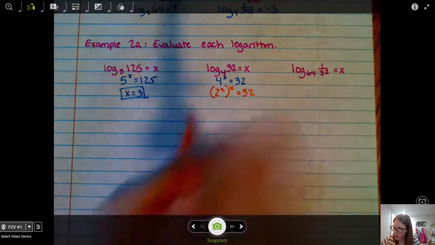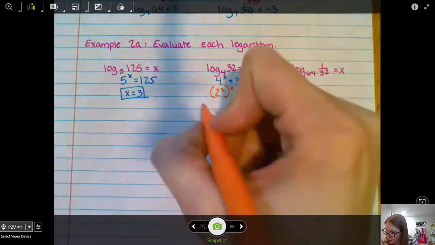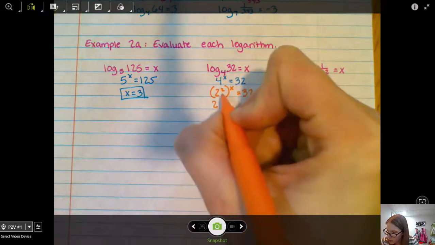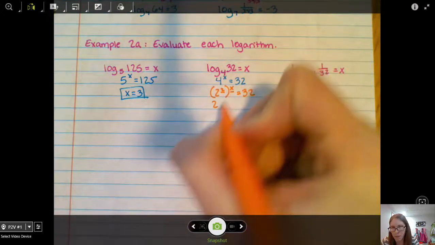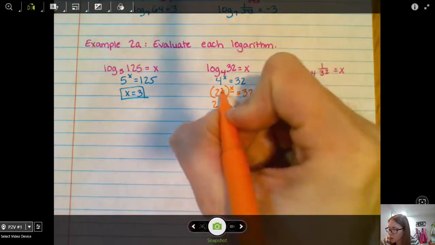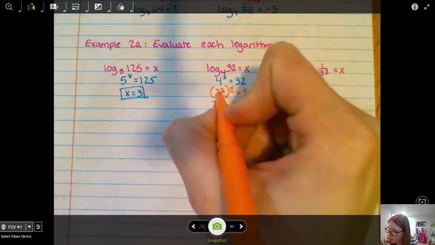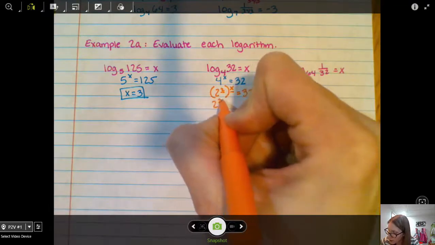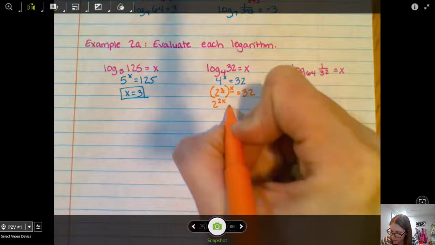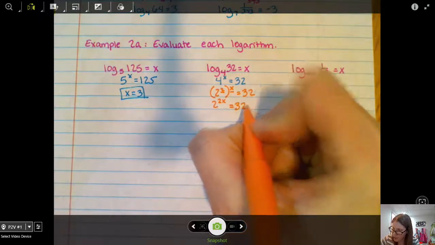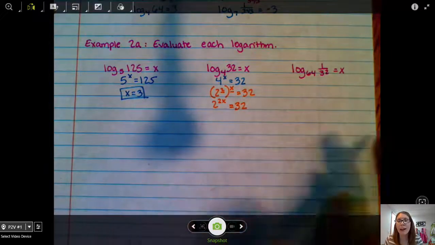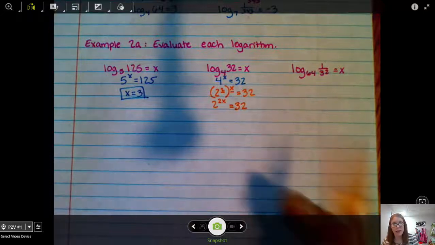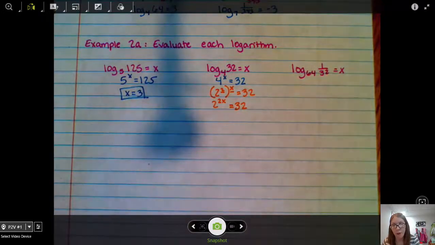Well, 2 squared to the x power also means, remember our exponent properties say I can multiply these powers together when I have a power to a power, so this is 2 to the 2x power equals 32. Now if we look at our power table, you'll see that 2 to the 5th power is 32.